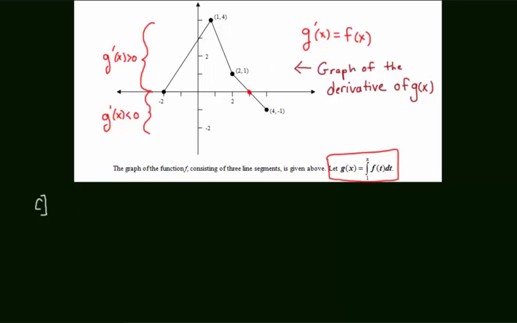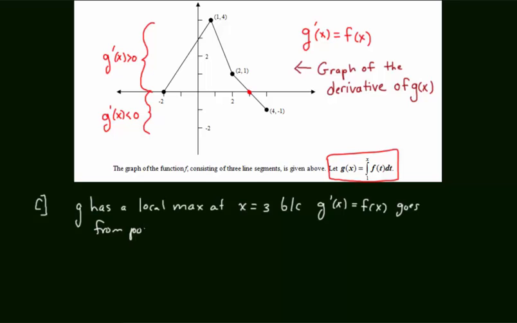And so before I even answer the question, I just want to write this statement. I want to say g has a local max at x equals 3 because g prime of x, which equals f of x, the derivative, goes from positive to negative at x equals 3.